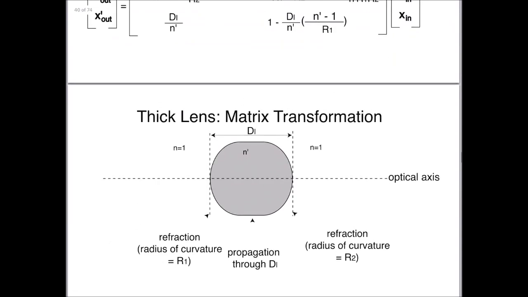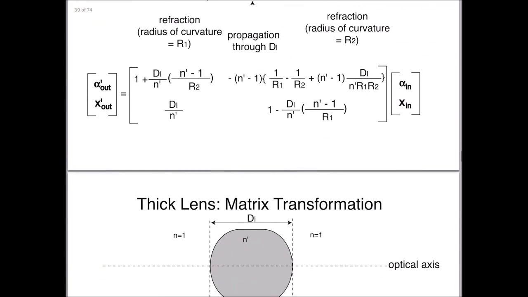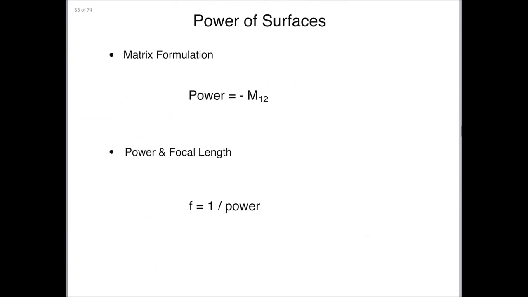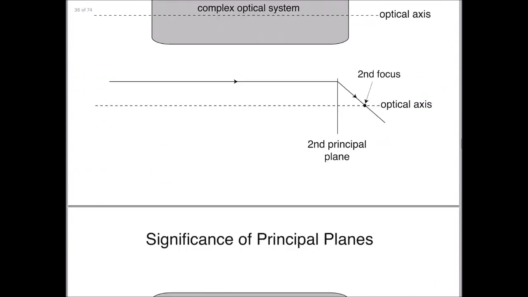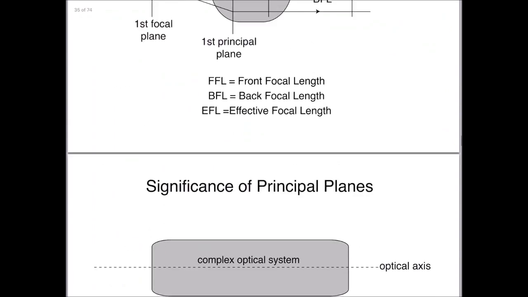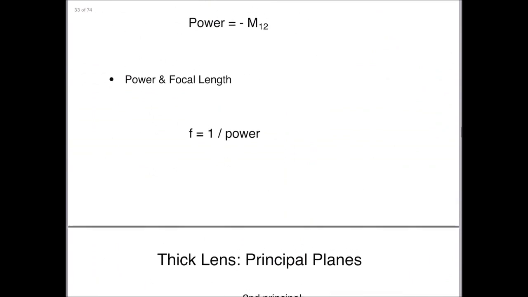Okay, so this will give us the mathematical definition of what the effective focal length is. If you remember what we defined previously, the power of the lens is the negative of the second element in the first row. The focal length is 1 over power.